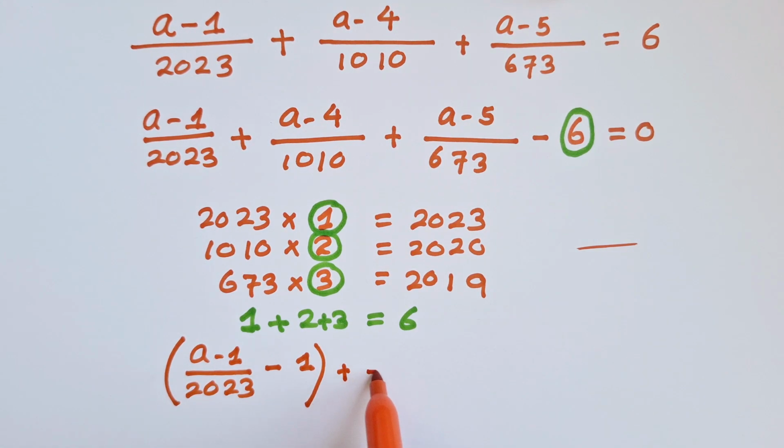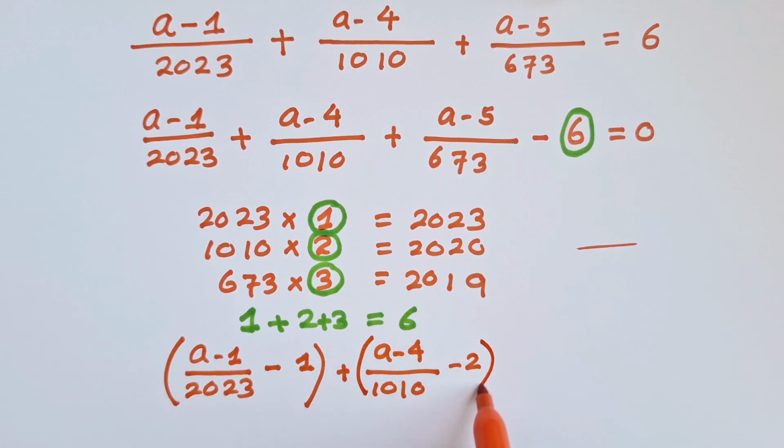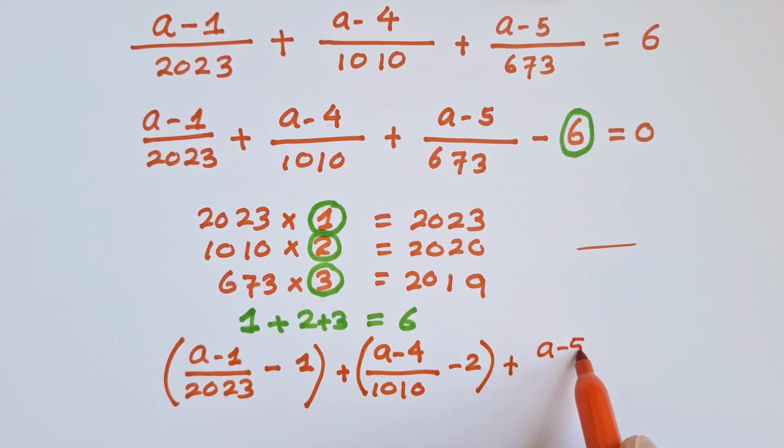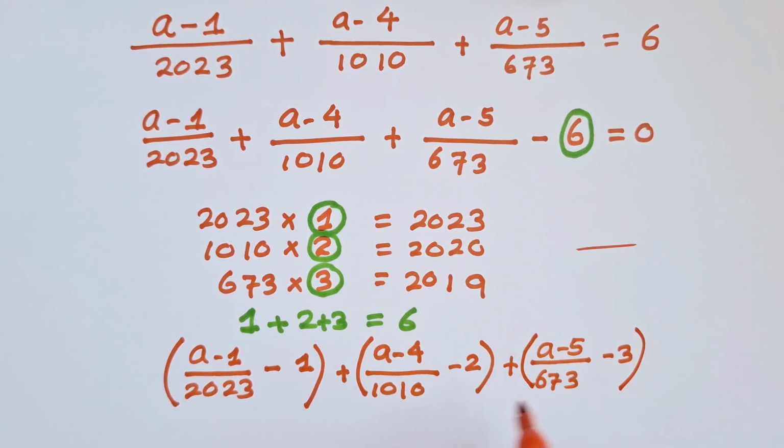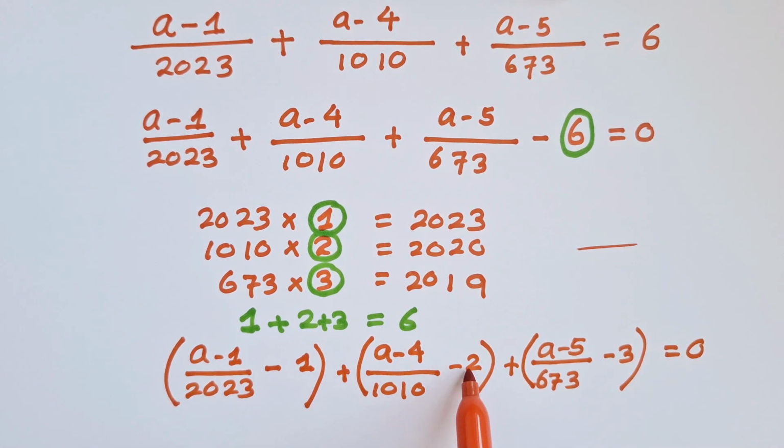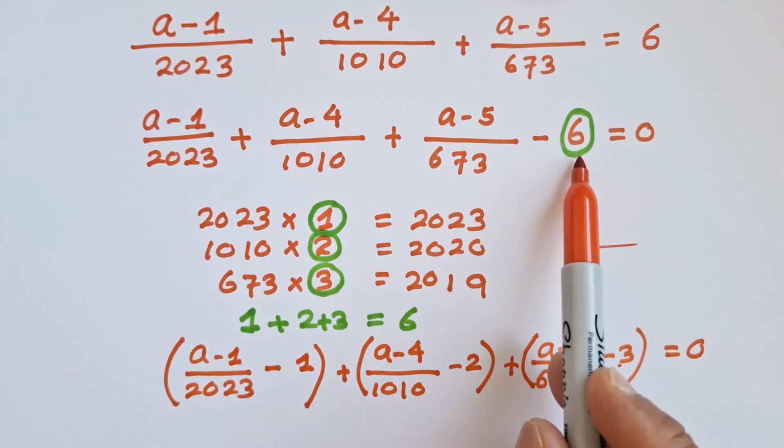And then I'm going to add a minus 4 divided by 1010. I'm going to give minus 2 to this fraction. So we have left minus 3. I'm going to give that minus 3 to this fraction here. So nothing changed. Right hand side is equal to 0. Left hand side is still minus 6.